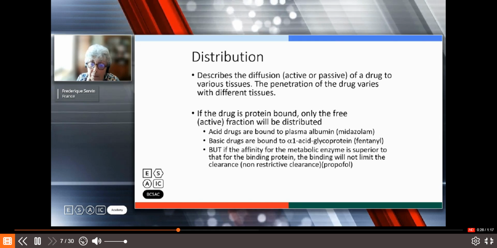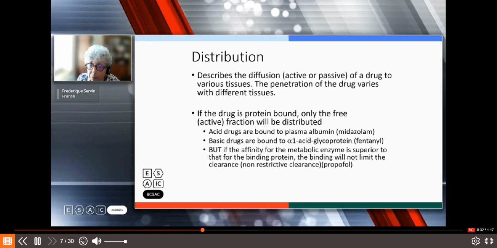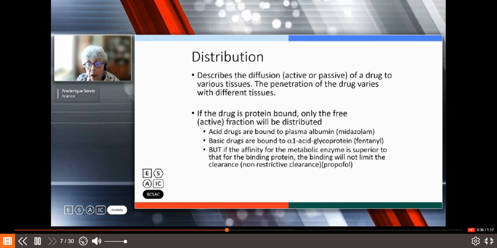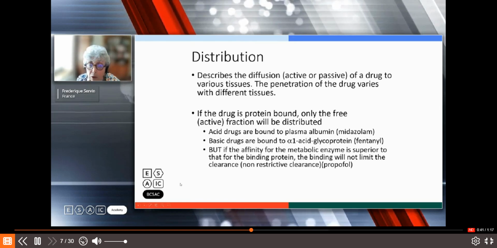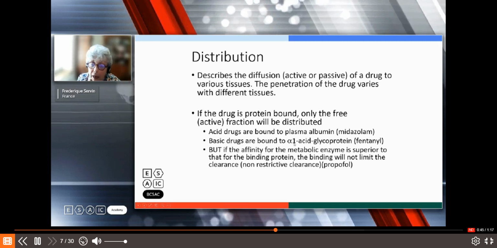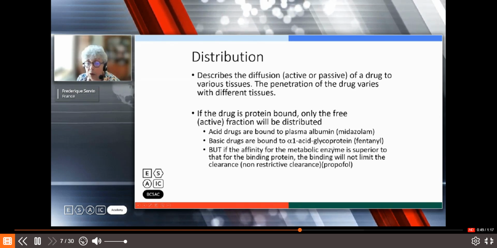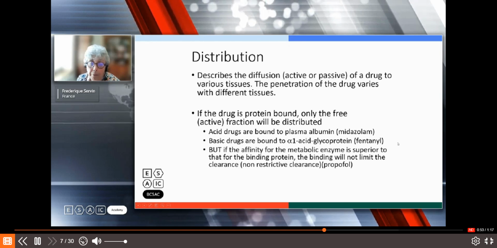And there are two main proteins binding the drugs in the plasma: the plasma albumin, which binds the acidic drugs such as midazolam or propofol, and the inflammatory protein alpha-1 acid glycoprotein, which binds the basic drugs such as fentanyl and its congeners.